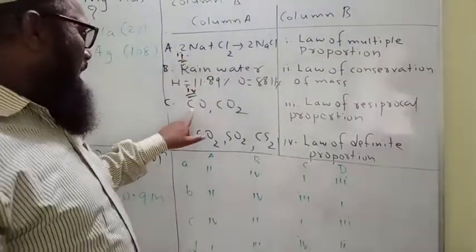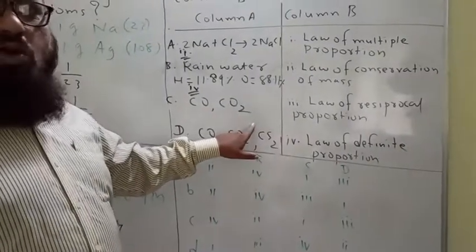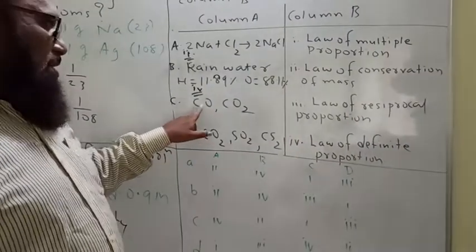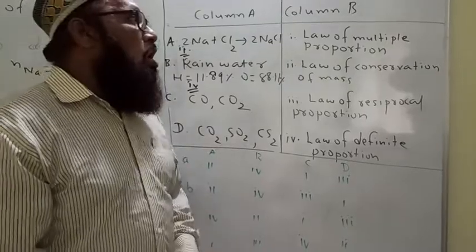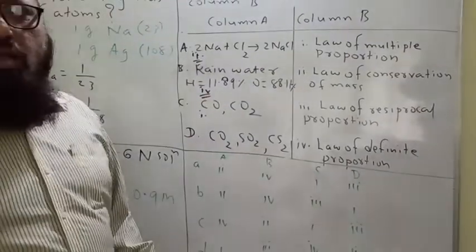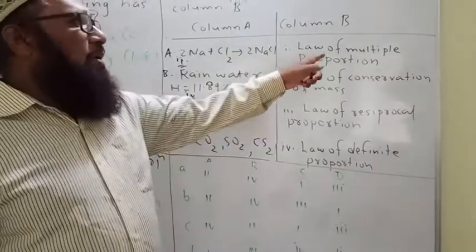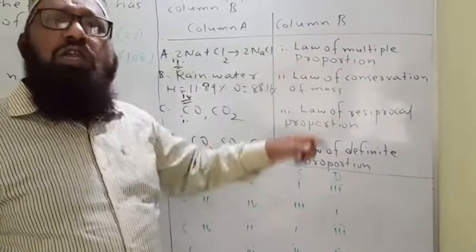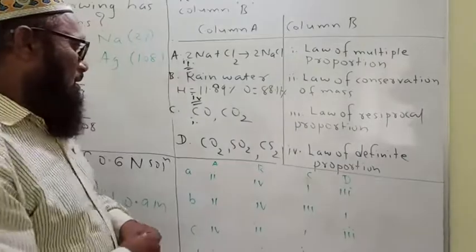Then, here carbon monoxide, carbon dioxide. This is according to the law of multiple proportion, option 1, that was given by John Dalton. What is the law of multiple proportion?